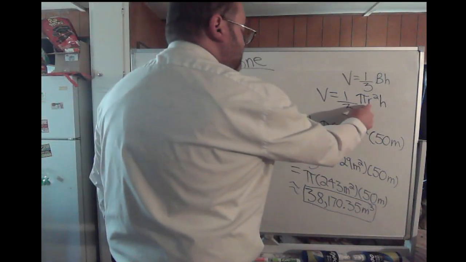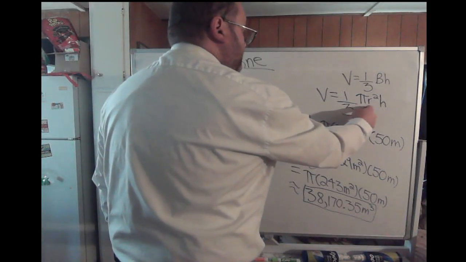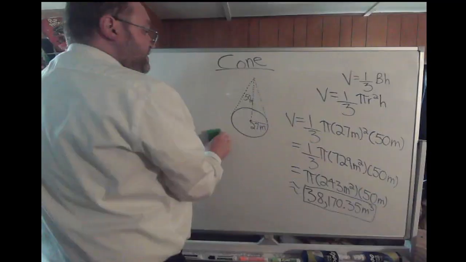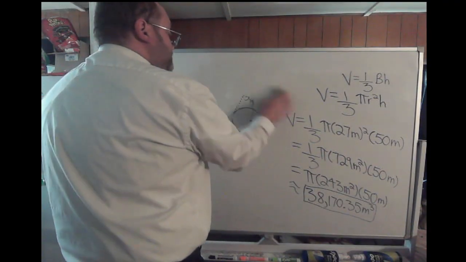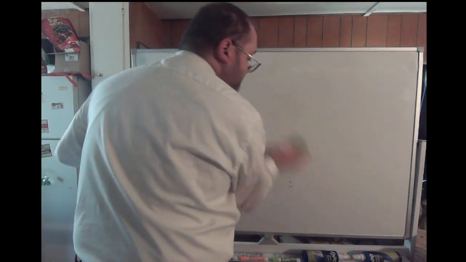That area of the base being the circle is pi r squared. You'll take 1/3 times pi r squared, then just times the height, h. That's where the formulas vary. But we're going to get into our last one here, called spheres.